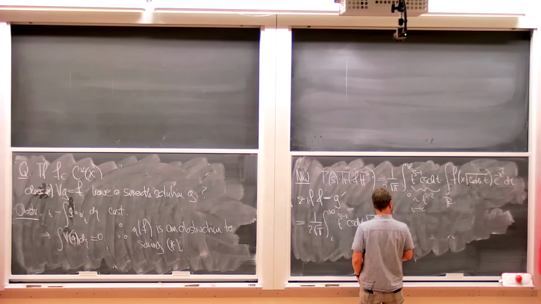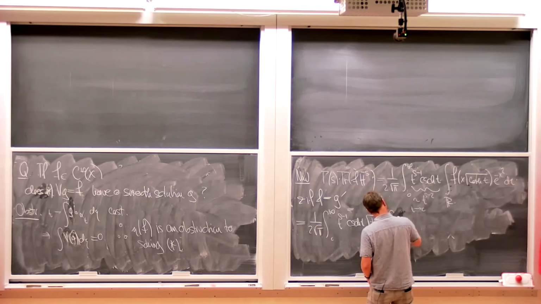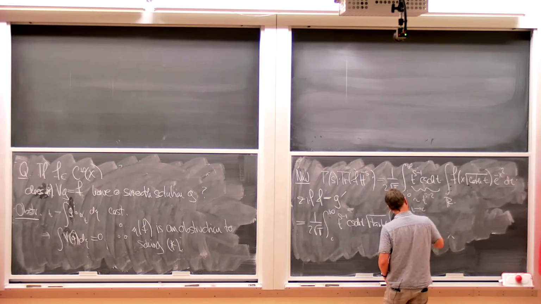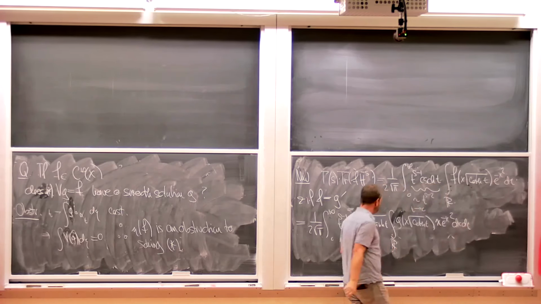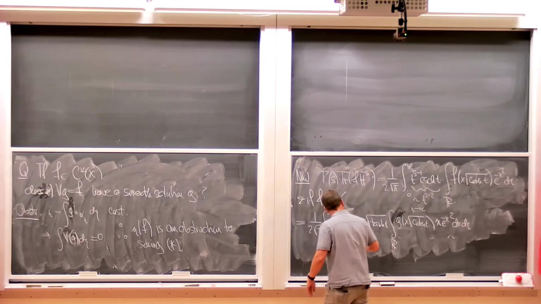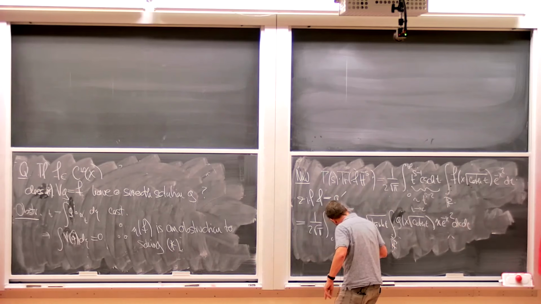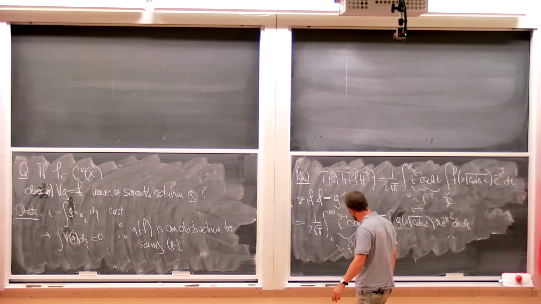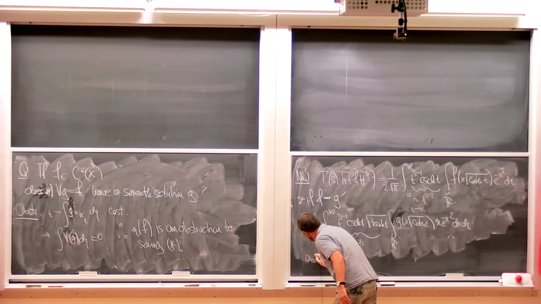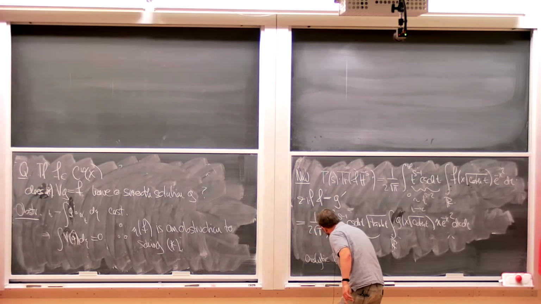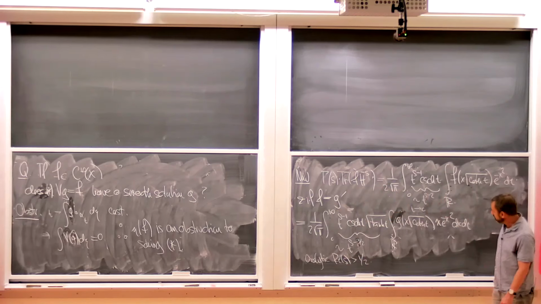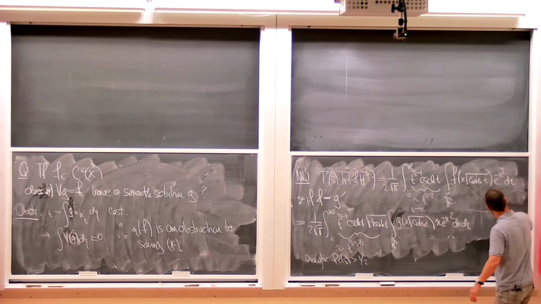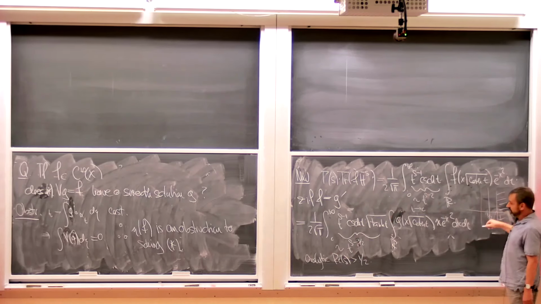You get a factor of square root of hyperbolic tangent. Otherwise you get essentially the same thing there. And now this is roughly t to the s minus 3 as t goes to 0. So this is analytic now for real part of s bigger than a half. And so we've made progress. In this case, you can analytically extend from real part of s bigger than 1 to real part of s bigger than 0.